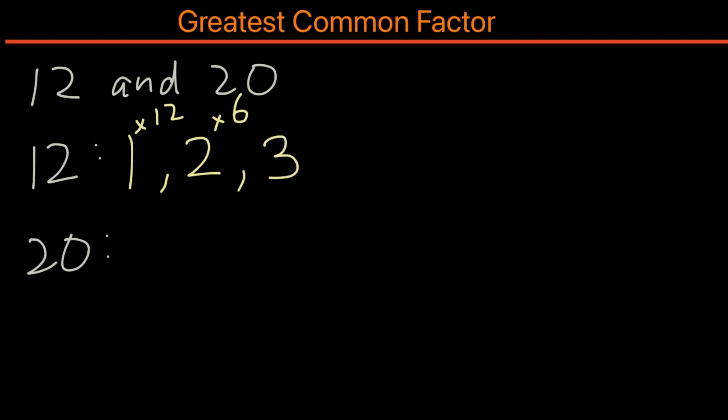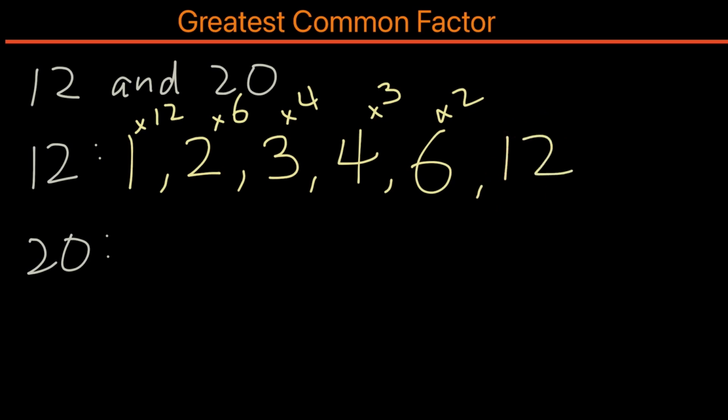And 3 will also work because 3 times 4 is 12. And 4 works because 4 times 3 is 12. Next will be 6 because 6 times 2 is 12. And lastly, 12, which is itself, is 12 times 1.